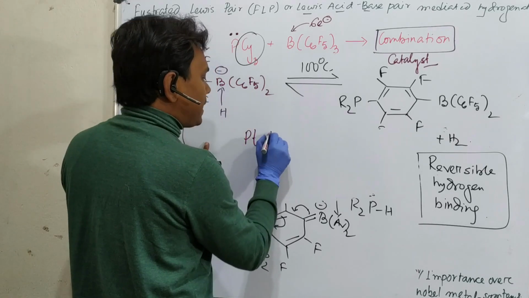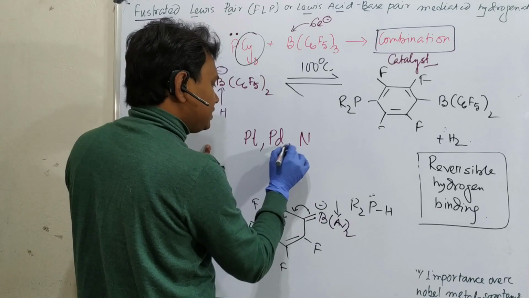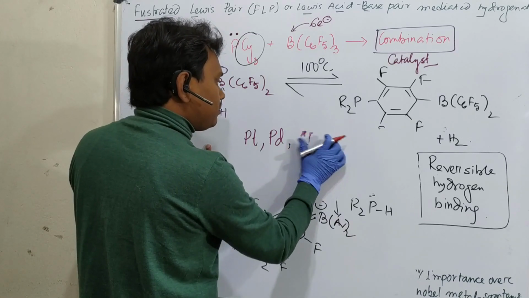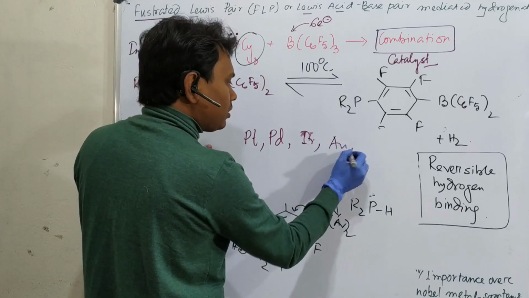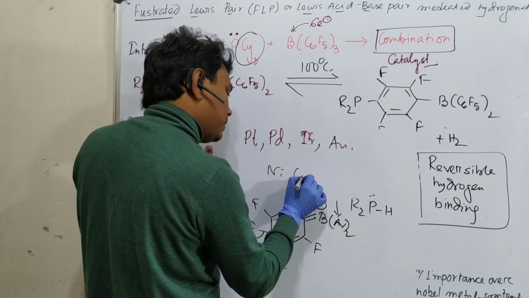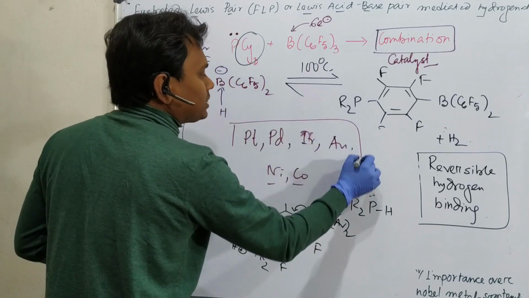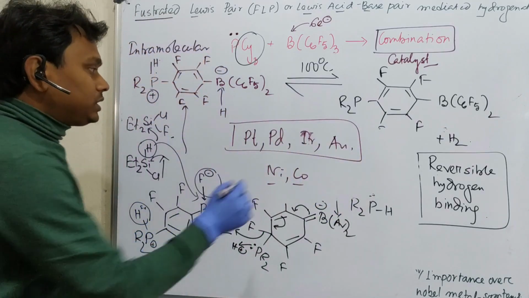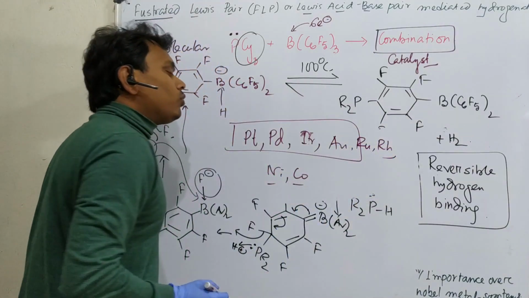Platinum, palladium, nickel, iridium, gold. There are others like nickel and cobalt, but they are not that active. Mainly this noble metal series is active: ruthenium, rhodium, etc.